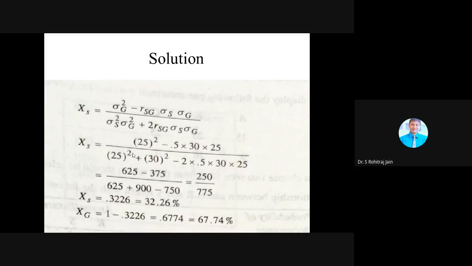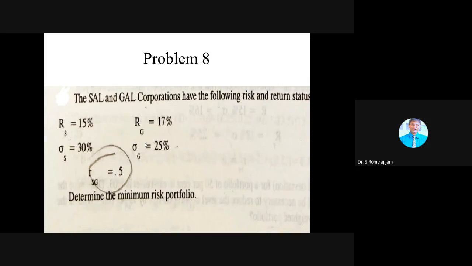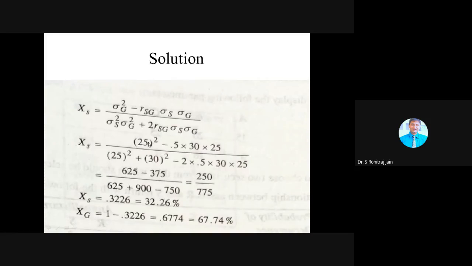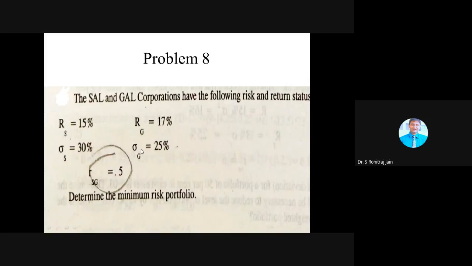Now XS is equal to whatever they have given me in the problem. See, they have given me sigma G square, that is 25 square. But here, please understand, students, they have given me standard deviation. Standard deviation of G is 25%, and standard deviation of S is 30%.